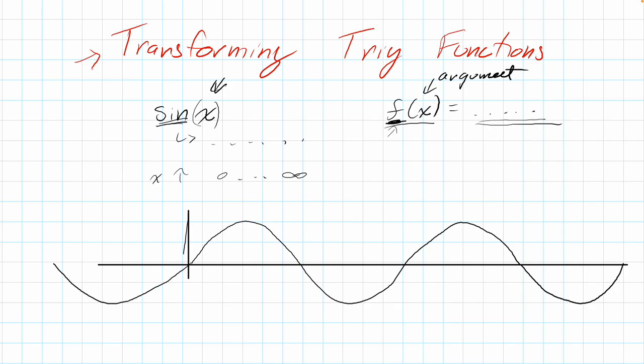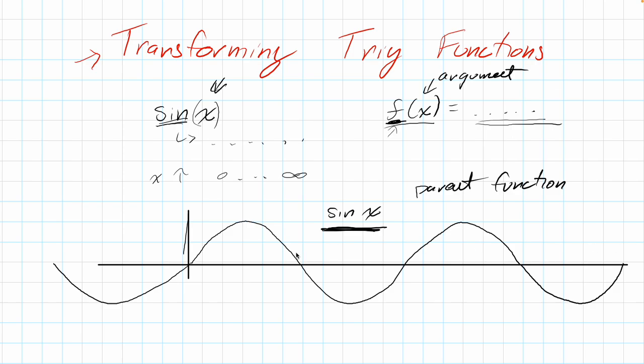If it is sine x, this is known as the parent function. They call it a parent function because it's the standard function that we make all of our references from. So if something has been stretched or compressed or shifted, we mean from this place. This is our original, our starting point.